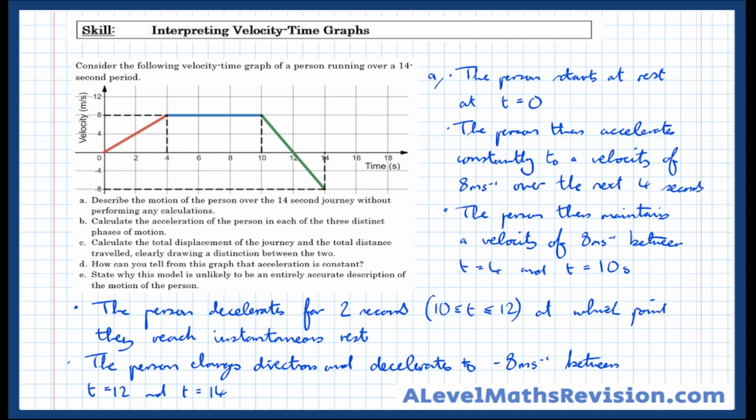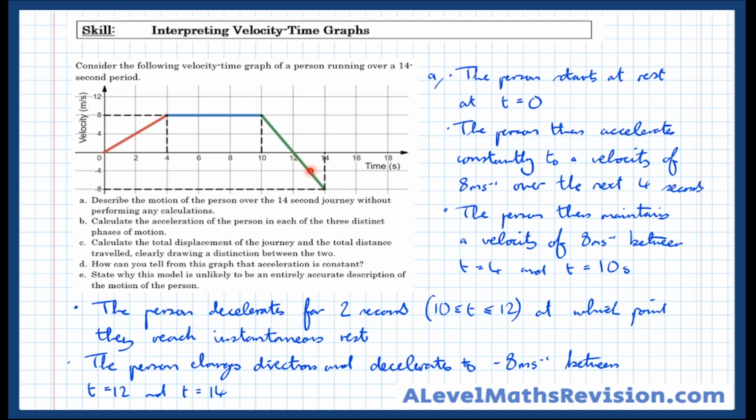So just go over it again. Accelerates up to 8 meters per second, maintains it, then decelerates, at which point here it's got velocity 0, it's instantaneously at rest, changes direction because now it's got a negative velocity, starts travelling back to where they started.